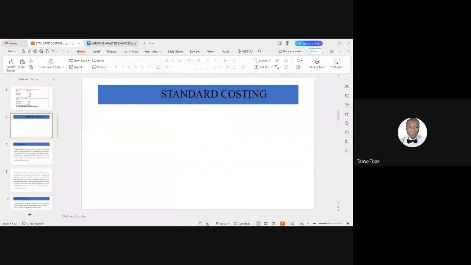Now, standard costing is a control technique in which predetermined costs are set.